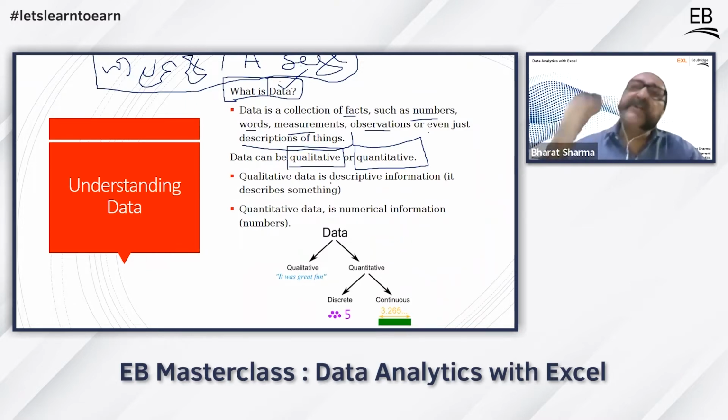So this is also data, but this is giving you information about an object, which is the shirt. So it is giving you some facts about an object. The quantitative data, on the other hand, is something that has got certain numbers attached to it.